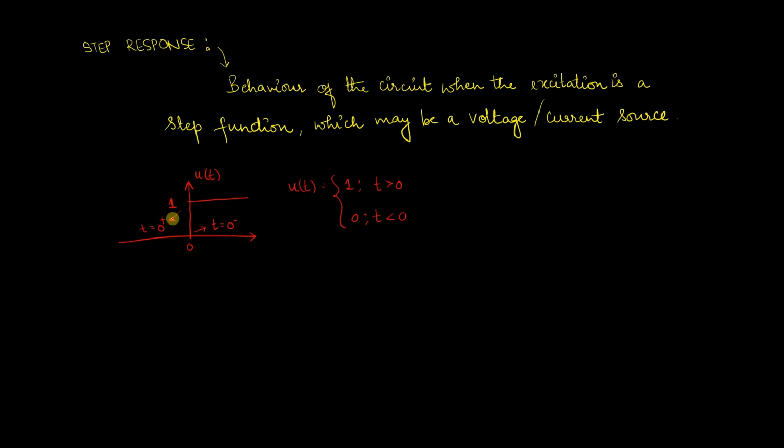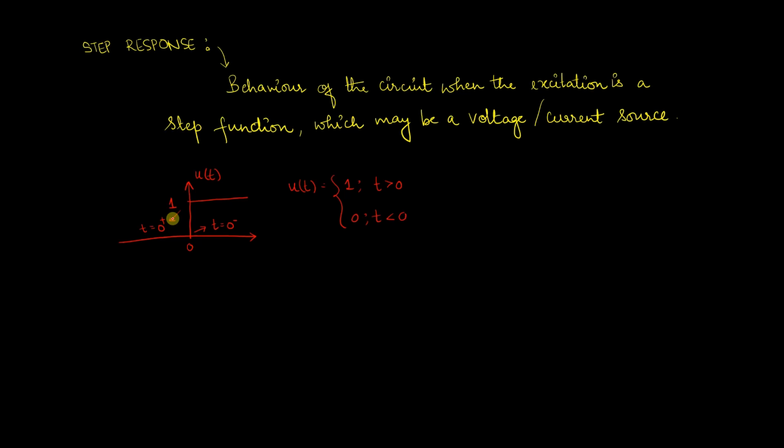So this concept of the step function can be applied to the switching of circuits, switching suddenly from one source to another source, and this leads to the forced response, wherein the behavior of the circuit will change due to the external voltage or current, assuming the initial conditions of the circuit are 0.